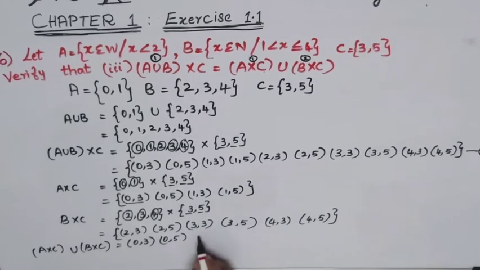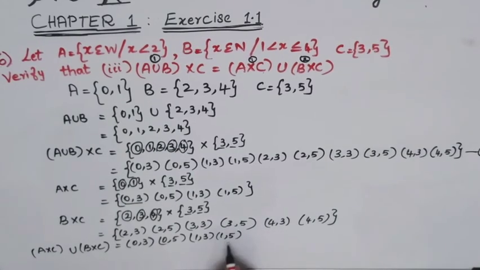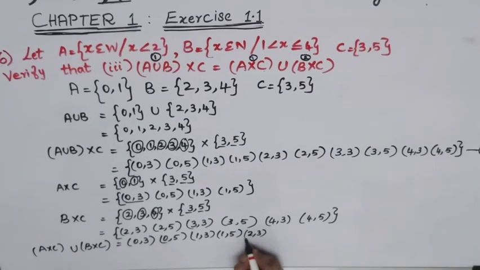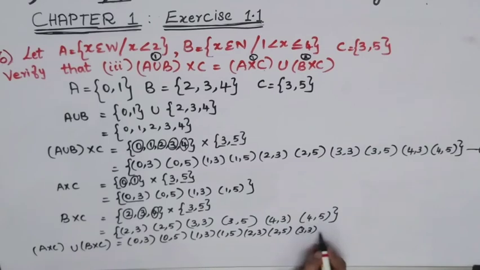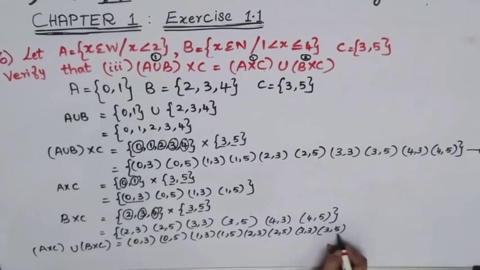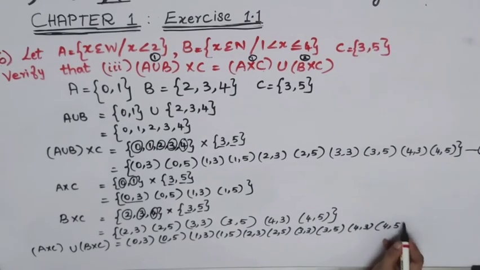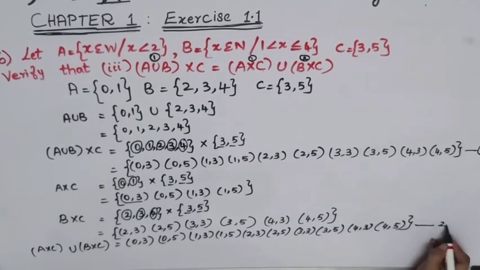Then (1, 3) is there, so (1, 3), then (1, 5). Now write all these elements here: (2, 3), (2, 5), (3, 3), (3, 5), (4, 3), (4, 5). Let me declare this as equation 2.